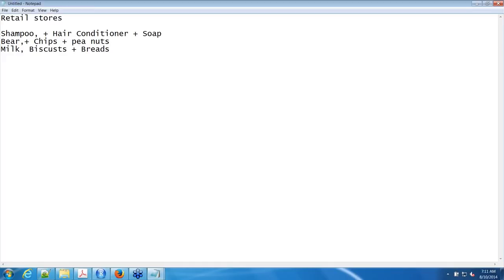Now, I want to understand what products are in a basket. When a person goes to the supermarket or hypermarket, he fills a basket and comes to the counter and he bills.